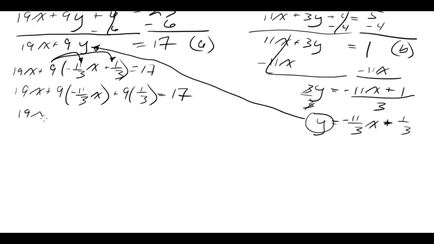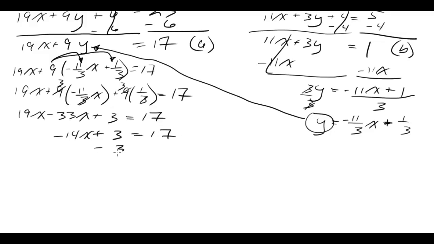So I get 19x, and I'm going to do some arithmetic. 3 goes into 3 once, that goes 3 times. And, oops, this is not plus, this is going to end up being minus 33x. And that goes once, that's 3 times, plus 3 equals 17. Okay, 19x minus 33x is minus 14x plus 3 equals 17.